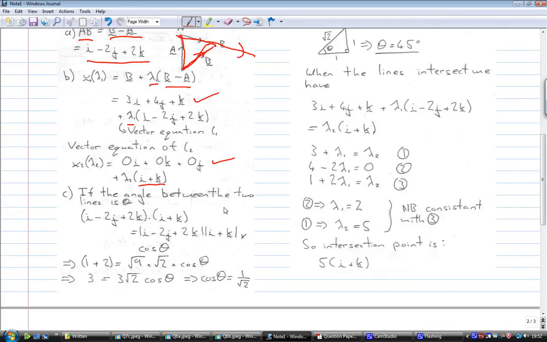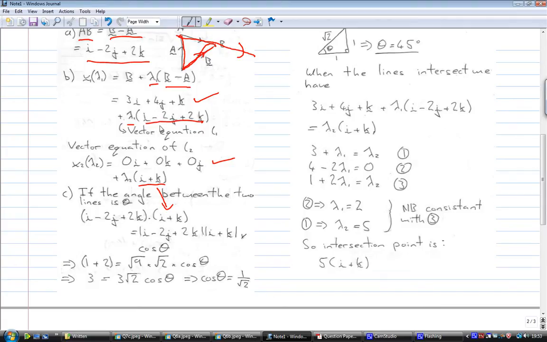Here we're just using the dot product rule. We're looking at the direction vectors. This is the direction of the line, given by this here and this here. We're moving along the line B minus A, and here we're moving along the line i plus k.